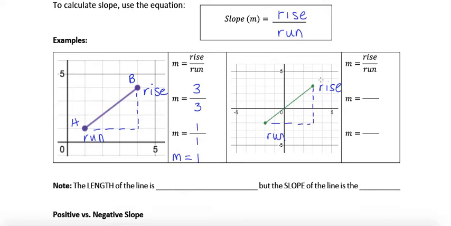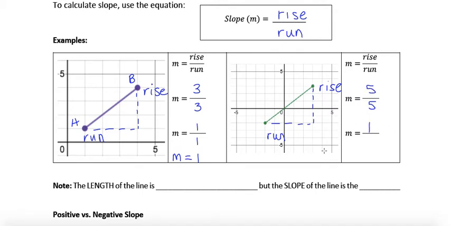Again, I'm looking from left to right. How many units am I going up? 1, 2, 3, 4, 5 units, because my scale is going up by ones. And my run, 1, 2, 3, 4, 5 units again. And 5 divided by 5 gives us 1.